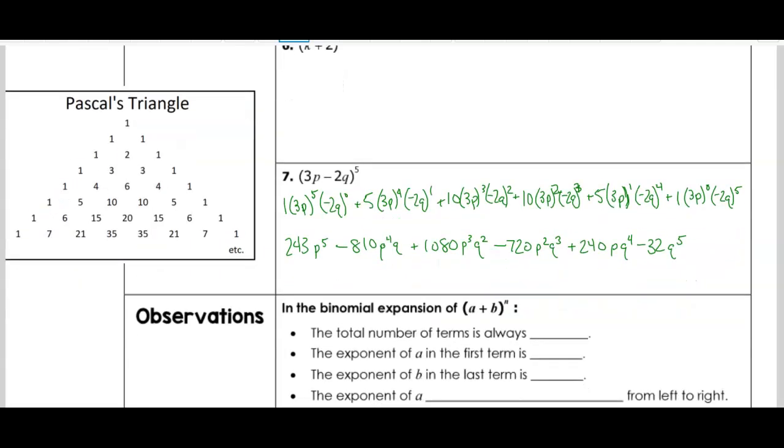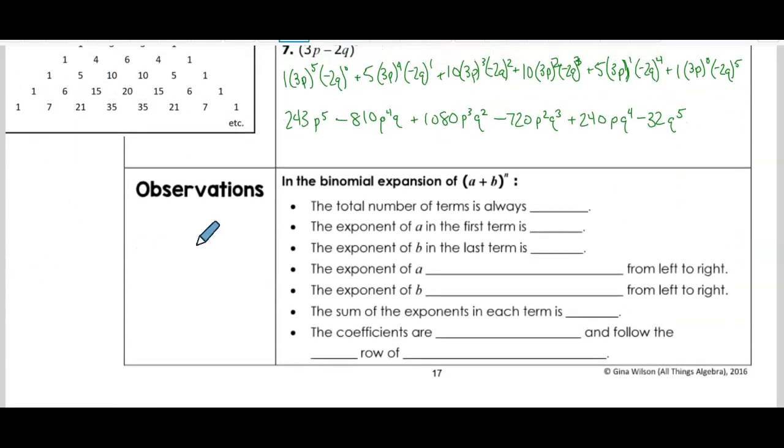Let's go over these last few observations and then we'll be good to go. All right, the total number of terms is always going to be n plus 1. And the reason for that is we always start with the exact n, right? The first exponent is always n, and then we work our way down to 1, and that would be n terms, and then we have this extra term where we let it equal 0.